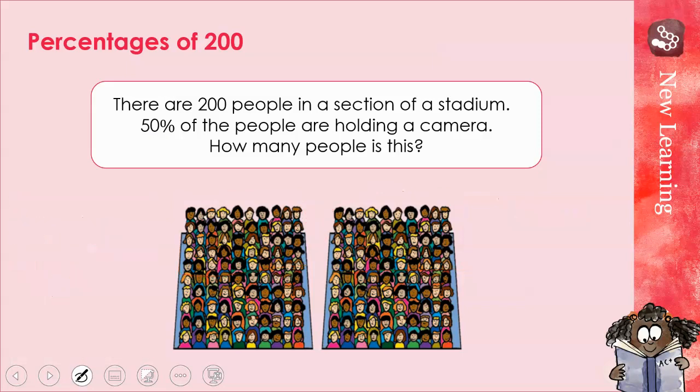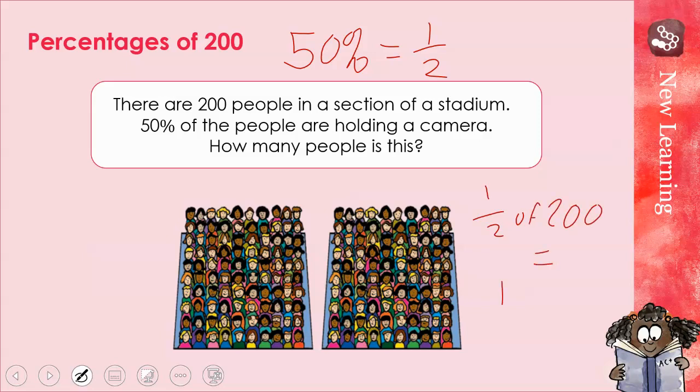However, there might be another quicker way that we could do that. If we think back to last week, we might remember that 50%, I'm hoping that we remember, is the same as a half. Would it be much easier if the question said, half of the people are holding a camera? What is half of 200?